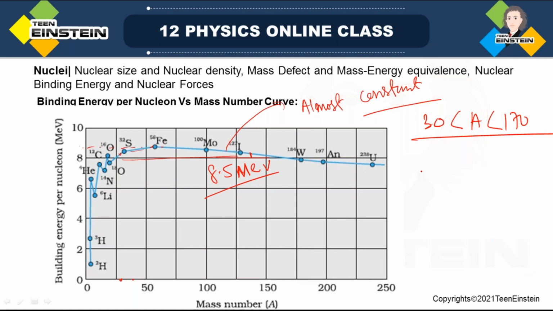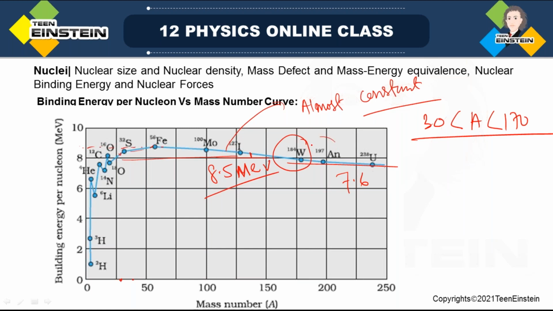And beyond mass number 170, for those nuclei the binding energy per nucleon decreases, and it reaches a value of something like 7.6, almost 7.6 MeV.